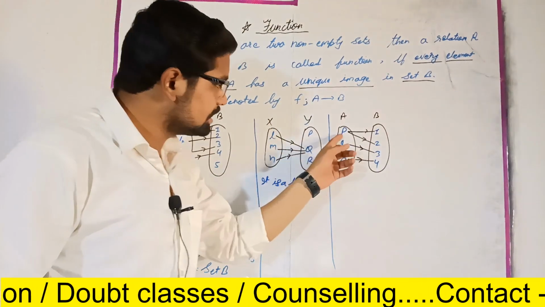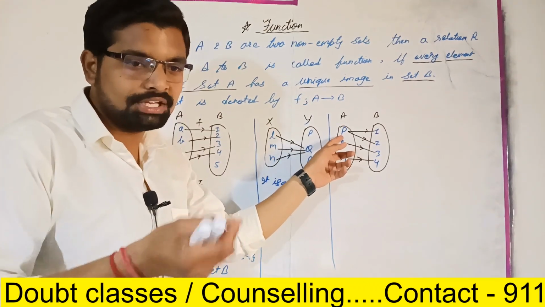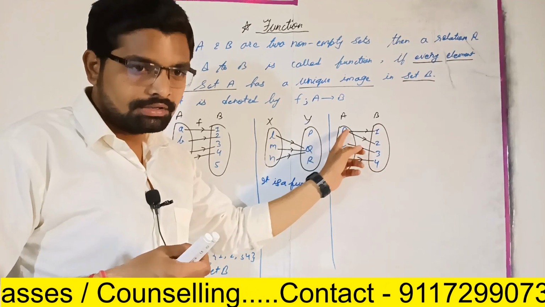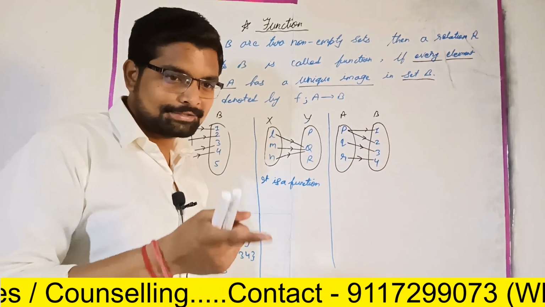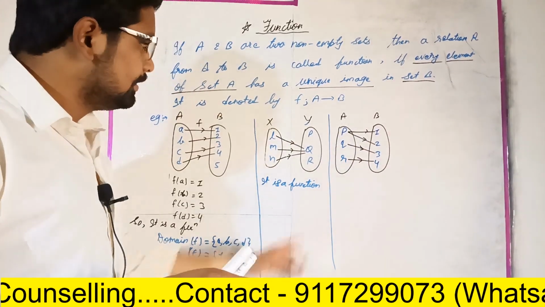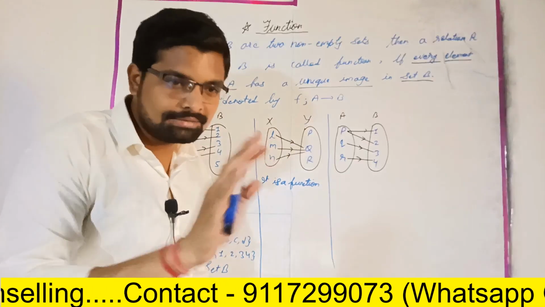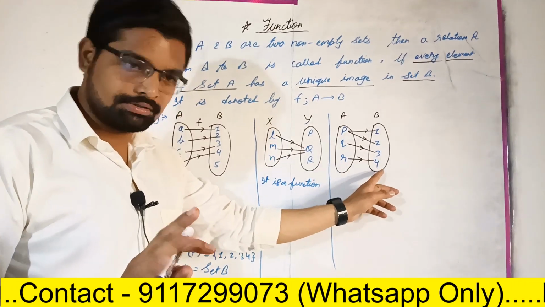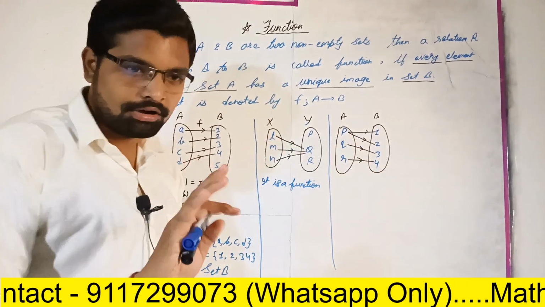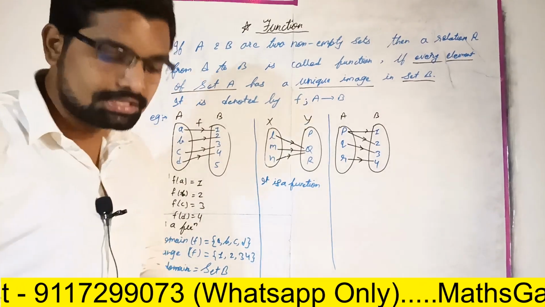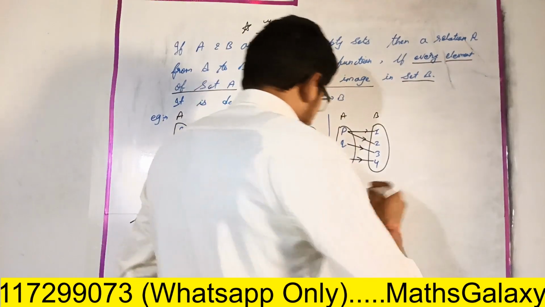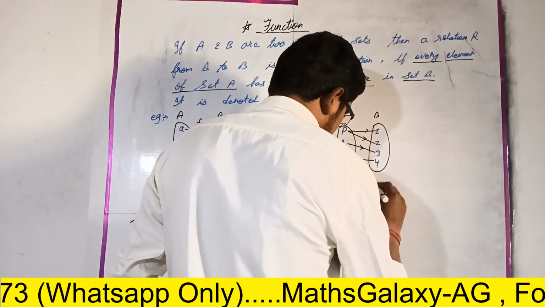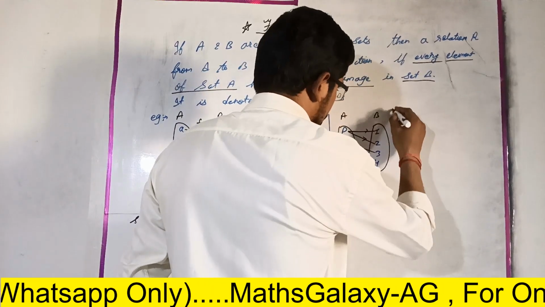As you can see, how many images for P here? There are two images for P, 1 and 2, so P does not have a unique image. Q and R have unique images, right? But P does not, and that's why it is not a function.